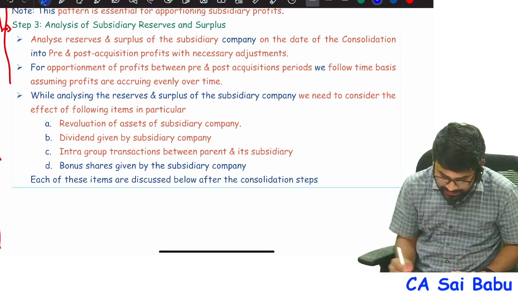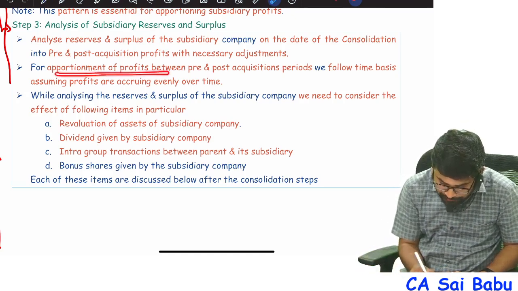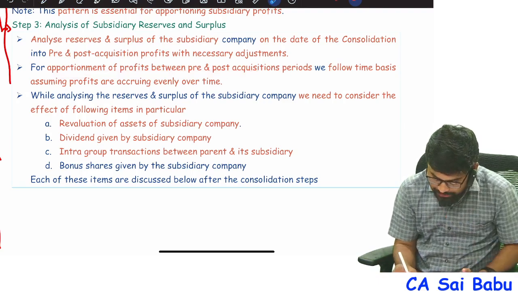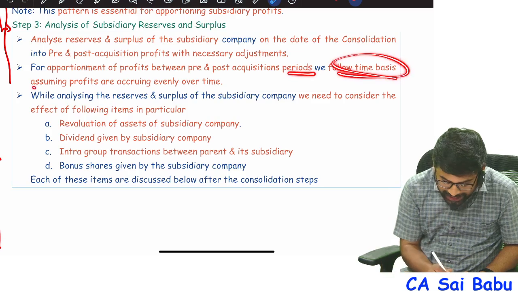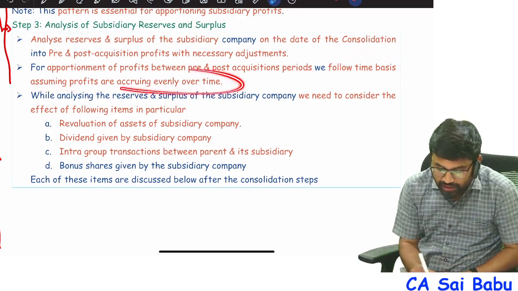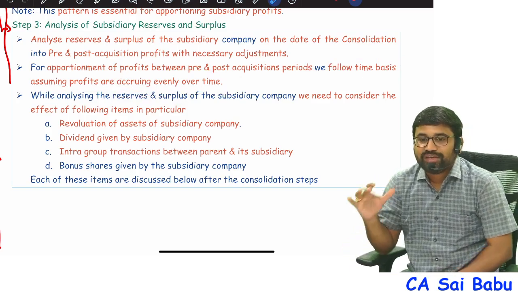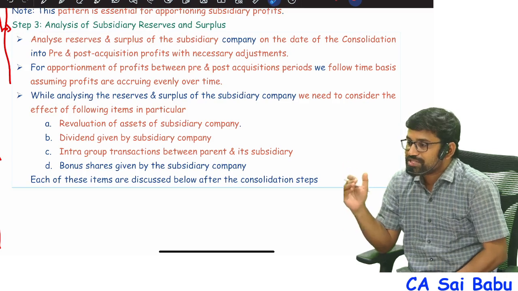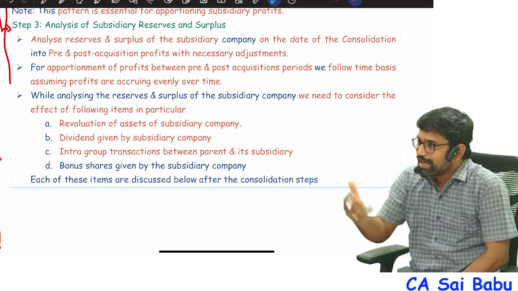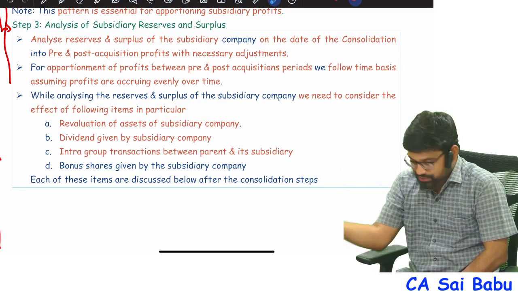For apportionment of profits between pre and post acquisition periods, we follow time basis, assuming profits are accruing evenly over time. So here the assumption is that profits are evenly the same over the years. That's why we follow time basis to allocate the profits between pre and post.